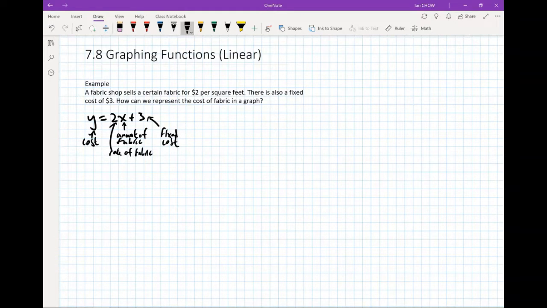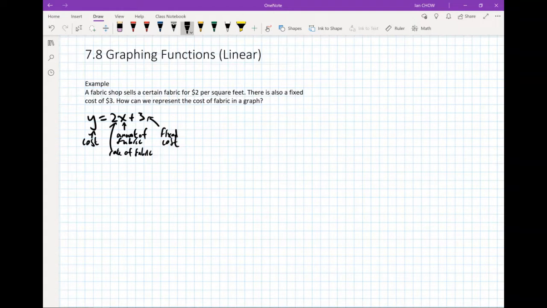So this function represents the situation, y equals 2x plus 3. The cost will be $2 times the amount of square feet that you get plus $3 of the fixed cost. How can we represent this function in a graph?